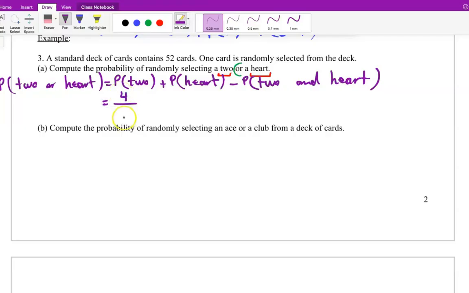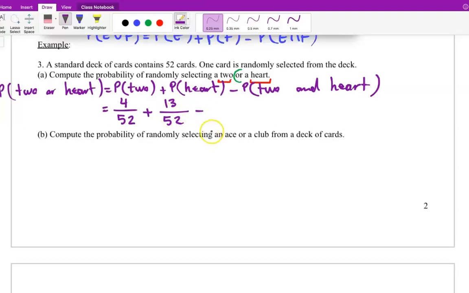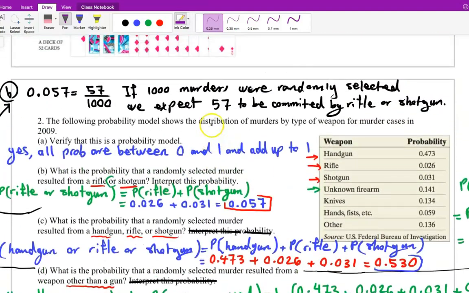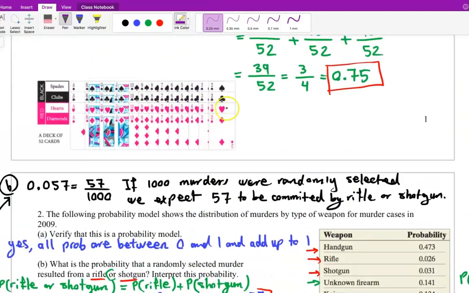We have 4, and the total number of cards is 52, plus how many hearts do we have? 13, again 52 cards, minus the only one that we have both heart and 2.